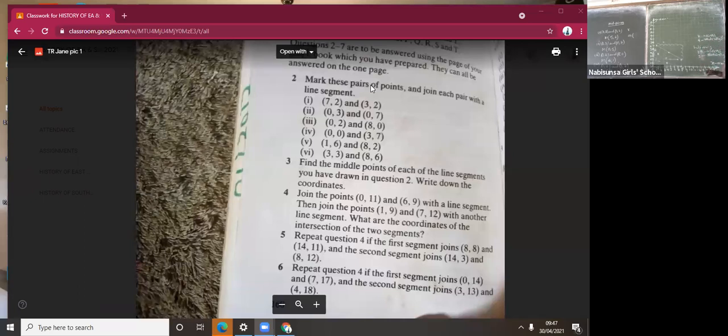So from the starting point, we now have to move 3.5 steps across and 2 steps vertically.